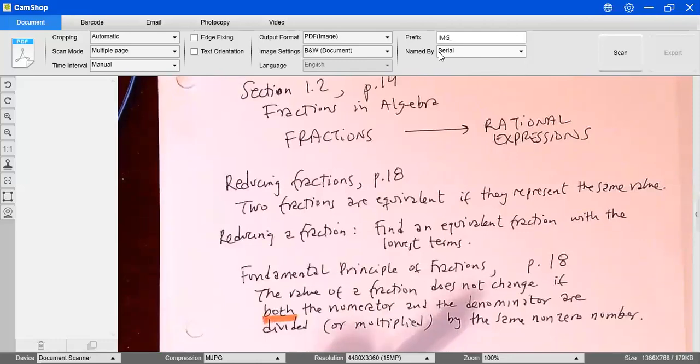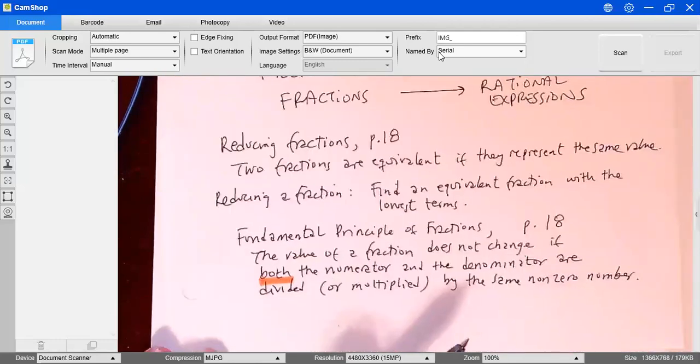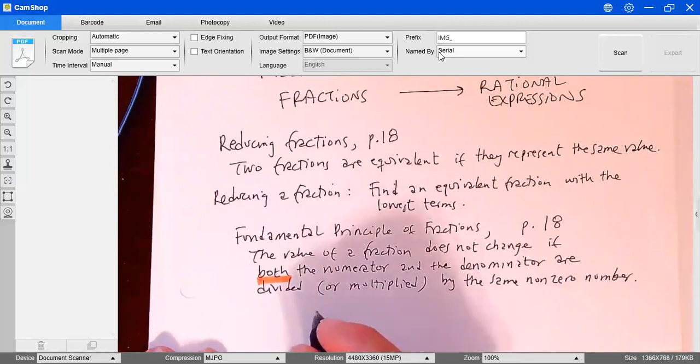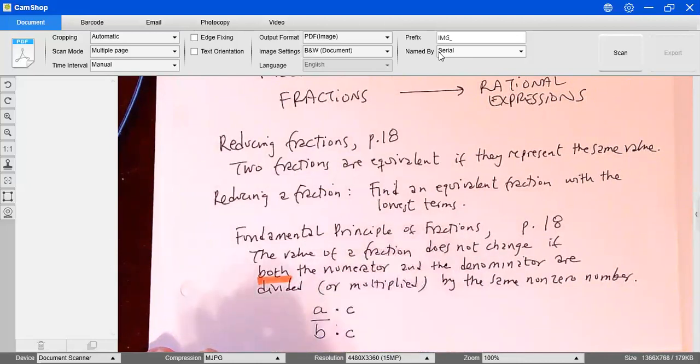In symbols, when you have A over B, you can, for example, multiply the numerator by C, and multiply the denominator by C. So you multiply both the numerator and the denominator.